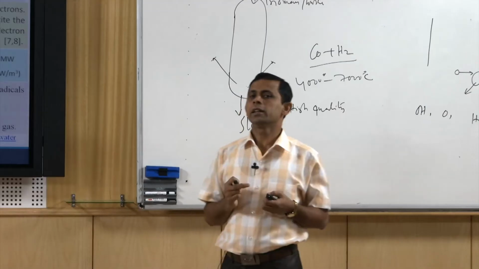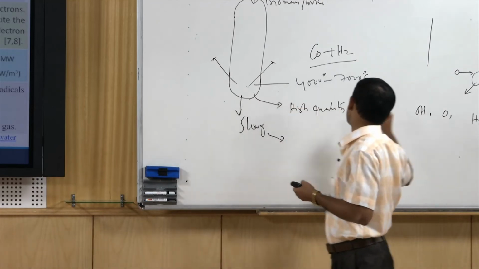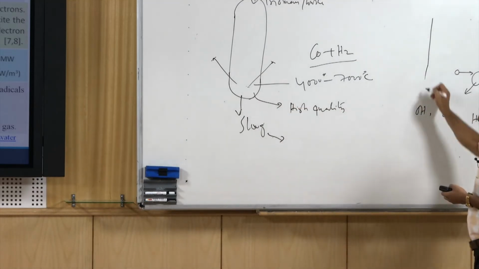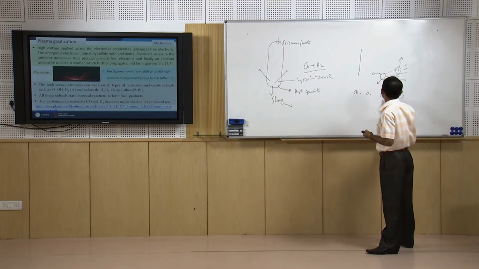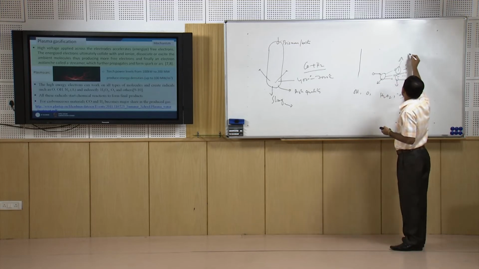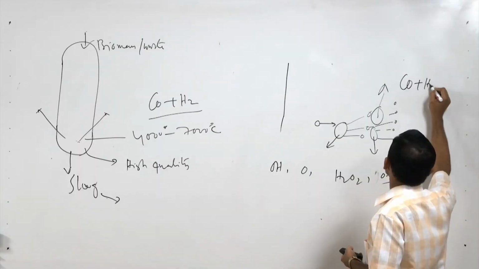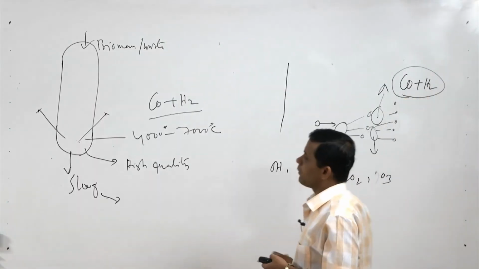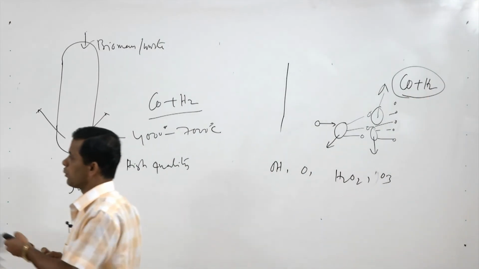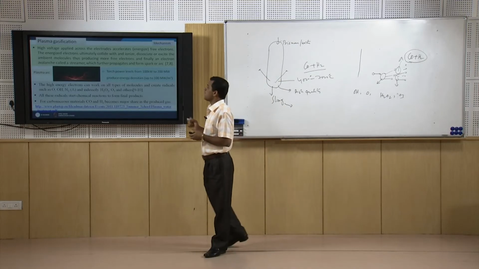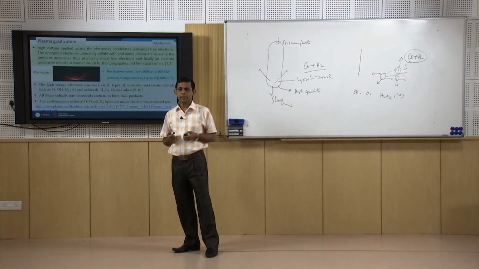And under certain conditions, if carbonaceous material is put in plasma gasifiers, then the predominating product in the gaseous phase is CO and H2. So, this is the fundamental mechanism for the production of syngas in a plasma gasifier.